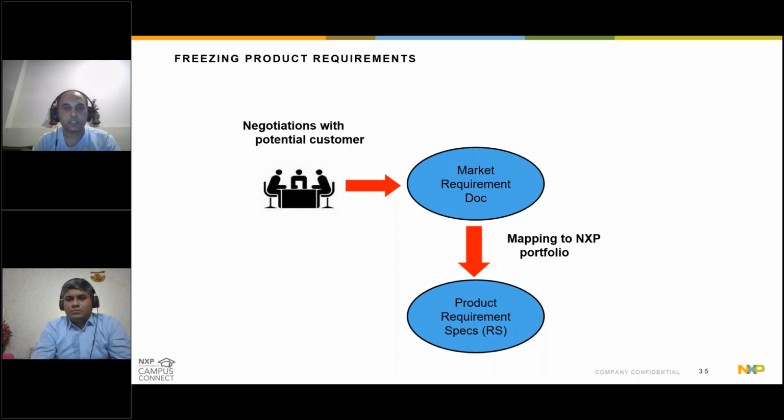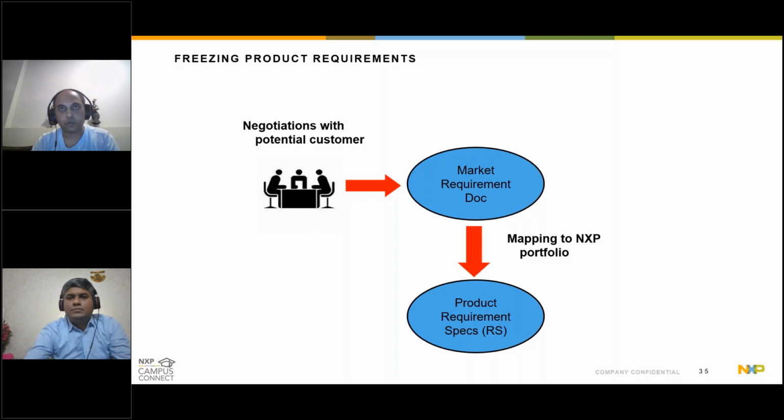And then they will translate this market requirement document into something called a product requirement specification. The product requirement specification is an abstraction level one level down, where you translate: if the market says these are my performance requirements and this is my feature requirement, then as per the standards, let's say on Ethernet, there are multiple standards evolving. Let's say on Wi-Fi, there are multiple standards evolving.